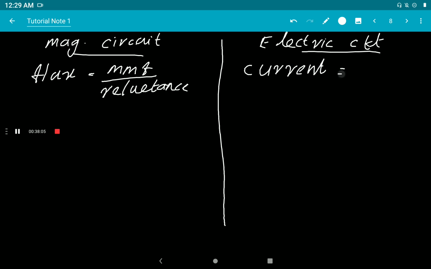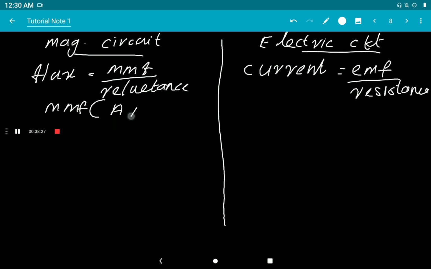What is the equation for current? Current is equal to EMF divided by resistance. And MMF means magnetomotive force, and the unit is ampere turns, and the corresponding term is EMF, and the unit is volt.